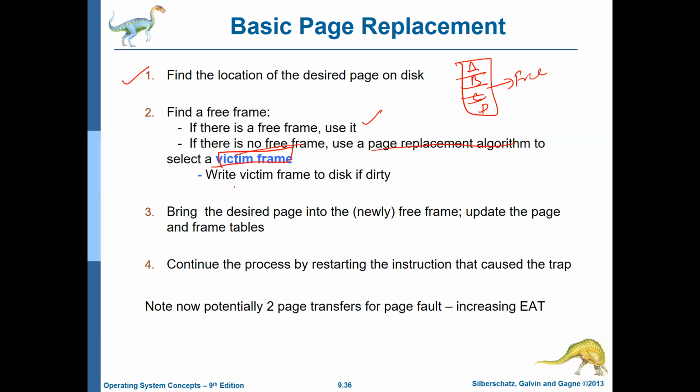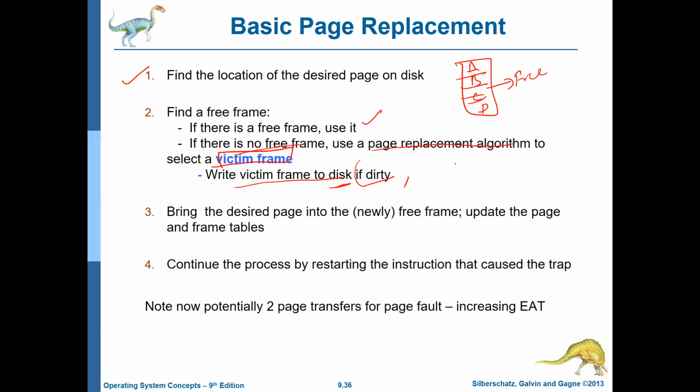So you write the victim frame to disk. I'll tell you about the dirty bit, it's coming soon. There is a concept known as modified bit or dirty bit. You have to write the victim frame to the secondary storage device, that is the swap space.